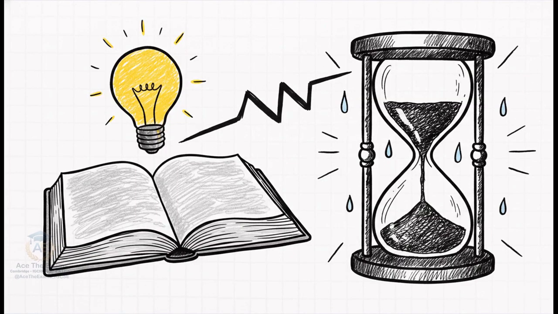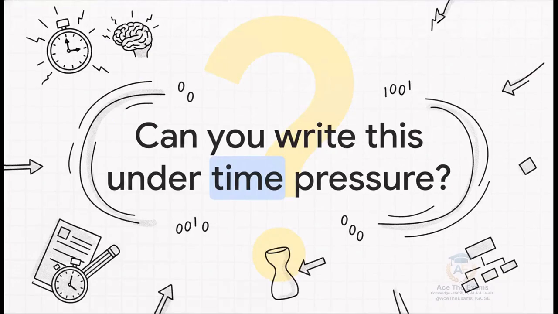But here is the brutal reality we have to face next. Knowledge is absolutely useless if you run out of time. Knowing this amazing 3-layer framework and the 4-question check is brilliant, don't get me wrong, but it's really only half the battle. Ask yourself this: can you actually write this perfect 3-layer answer under severe exam timing pressure? When the clock is ticking down and your adrenaline is spiking, precision usually falls apart.